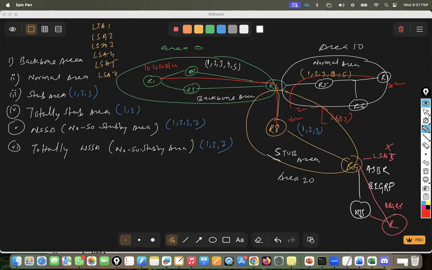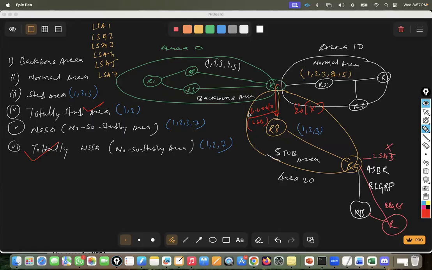But if I block this LSA 3, the 20 route will not come here. But instead of 10 and 20, it will generate one LSA 3 which has the default route. So it will be totally stubby area, and in both scenarios, you are still getting LSA 3.